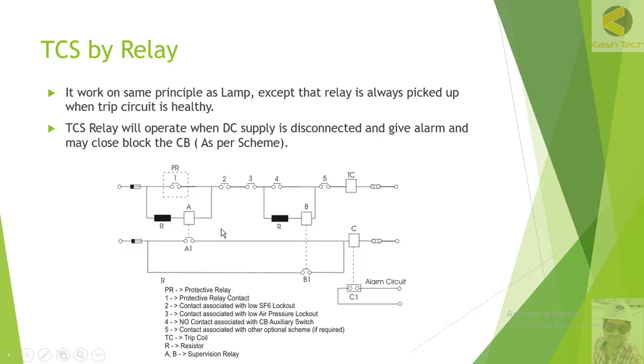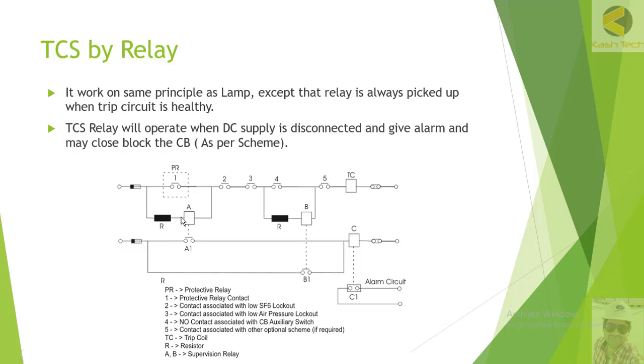Here, for example, if the circuit breaker is open, let's see condition number 1. If the circuit breaker is open, this contact will be open also, and this is basically an O contact. So the supply negative will be coming through this contact, so it will be from B to the resistor. And if the circuit breaker is also healthy, this negative will come up to this point, and the positive is coming up to this point.